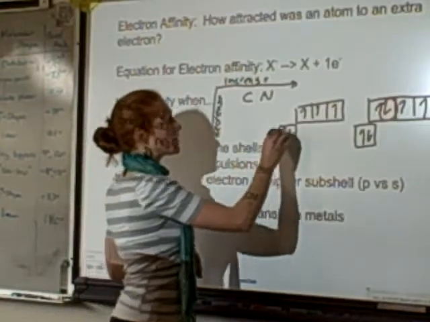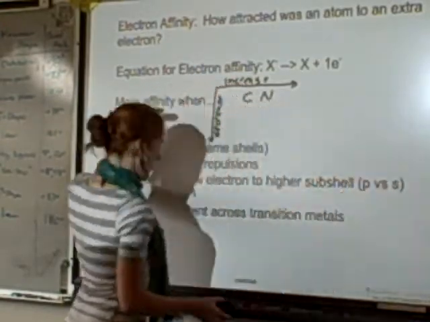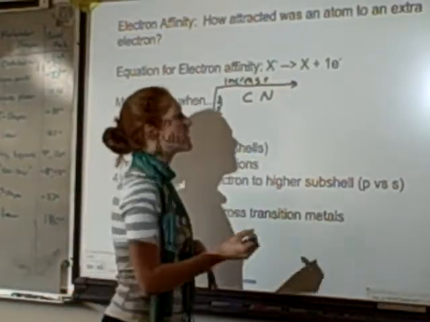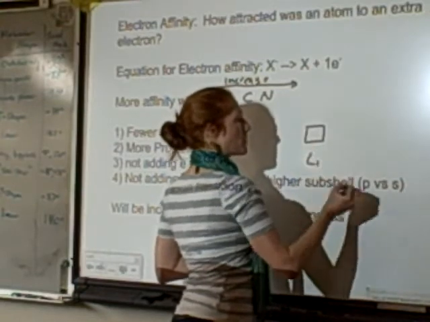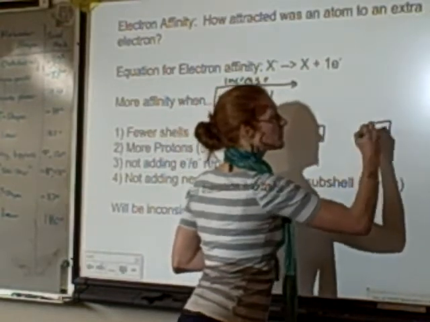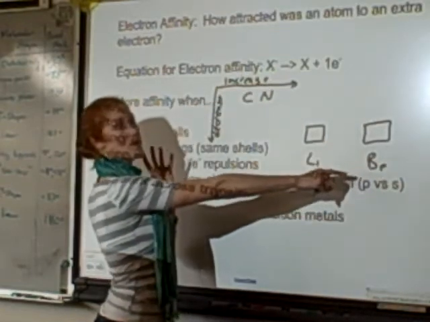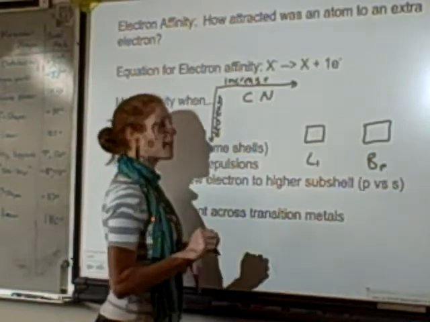So that would again be looking at something like the boron and beryllium thing. We'd expect electron affinity should increase across due to more protons, but let's look at lithium, and we'll look at beryllium. So we'd expect that beryllium with more protons would attract an electron more, so it would favor gaining an electron more.